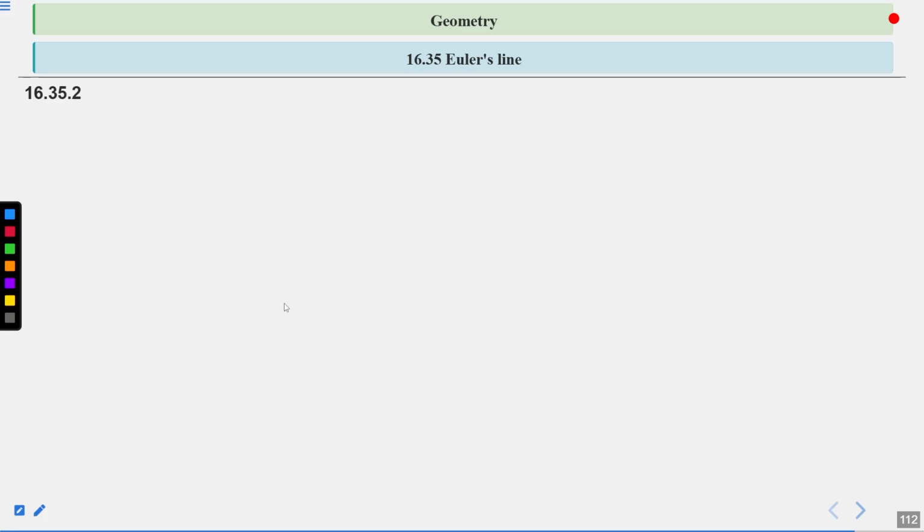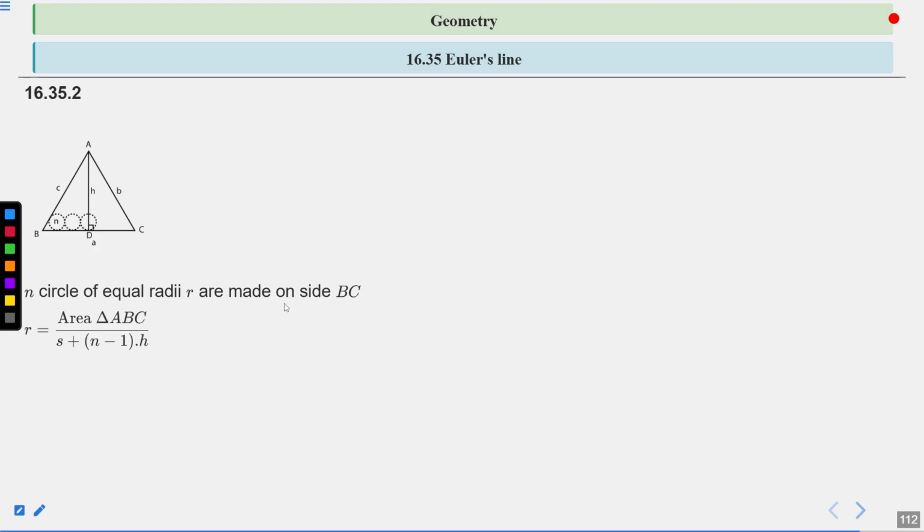Next one is, now according to the diagram we can say that n circles of equal radii r are made on side BC. R will become area of triangle ABC upon S, which is called the semiperimeter, plus (n minus 1) into H. S represents the semiperimeter. Next one.